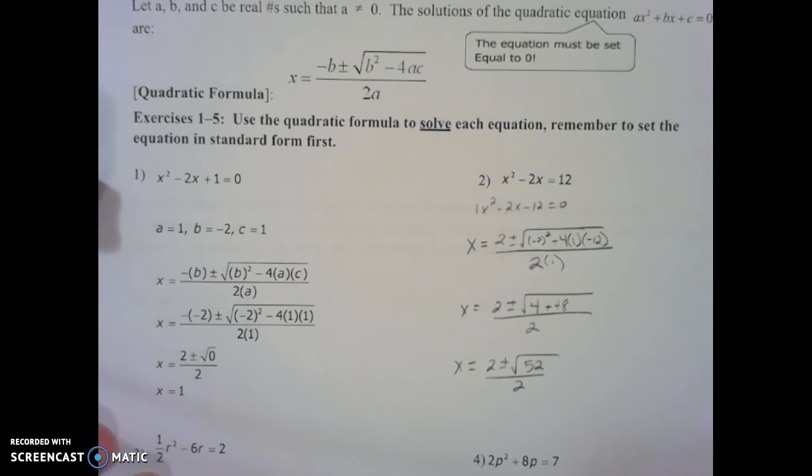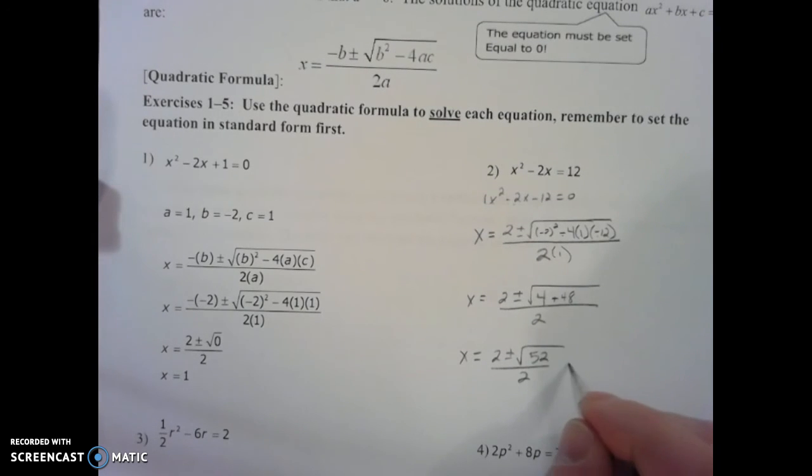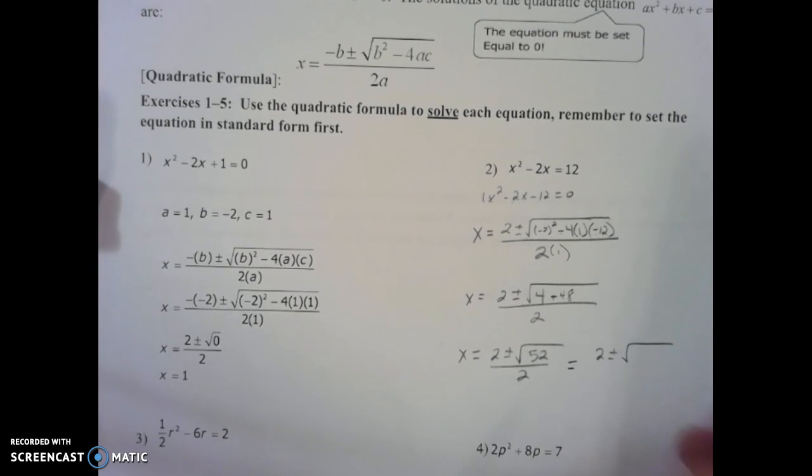all over 2. And then I'm going to look at this part here and see if I can simplify that. Well, that's going to be the same as 2 plus or minus the square root of 52, which is the same as 4 times 13, all over 2. Okay, so when I simplify this even further, x is going to be equal to 2 plus or minus 2 square root of 13 over 2.